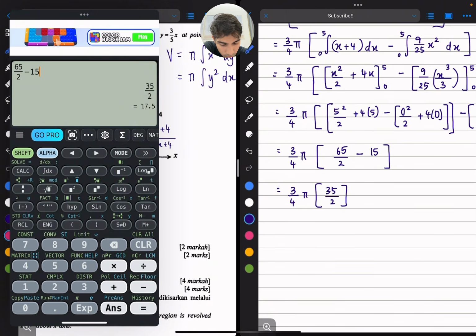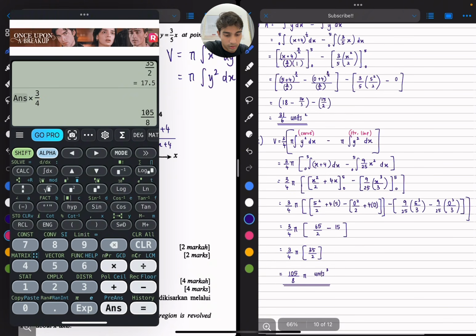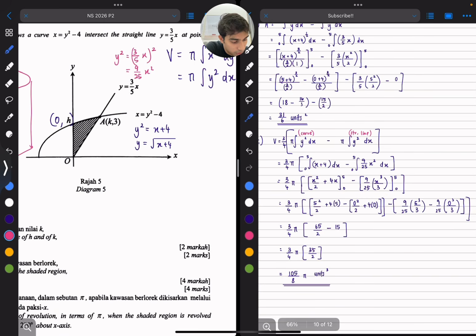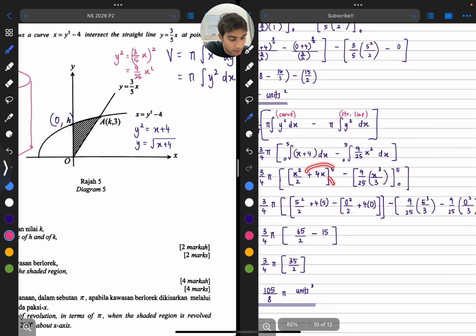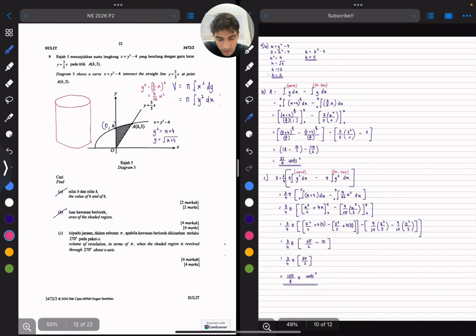So this 35 over 2 we times with 3 over 4. We get 105 over 8 pi. Since this is volume, it's units cube. Cubic units. Done. Okay, this part looks a bit long, but it's just basically substitution. Okay, you just substitute the 5 inside and 0 inside. That's it. This will be C. Done.